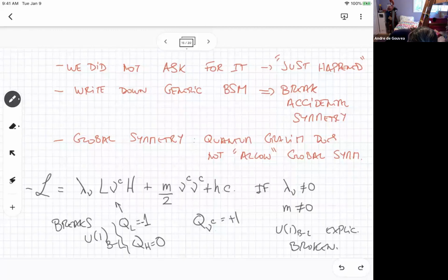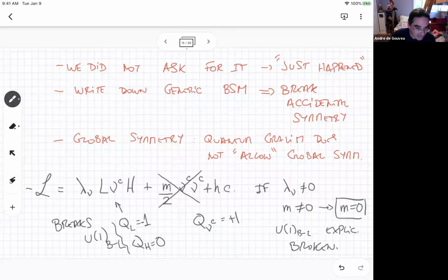Then the other one is we can make this M equal 0. And if we do that, it's fine. We choose M equals 0, so that means that this term is not here. And then the neutrinos end up being Dirac fermions.